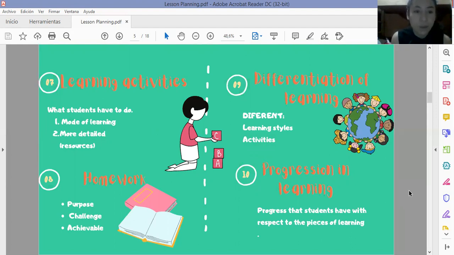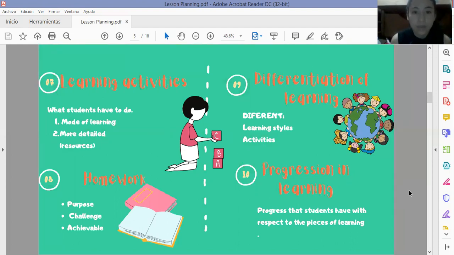It is practically what the students have to do. Number 8 is homework, and it is a task that has to be done at home, and it has to be purposeful and also challenge students, but it has to be achievable.